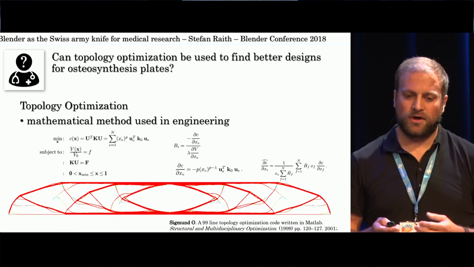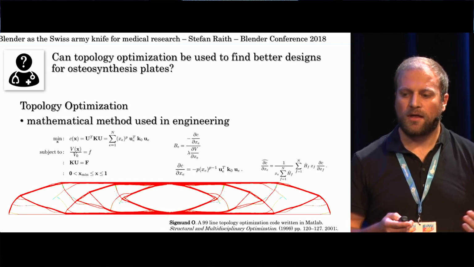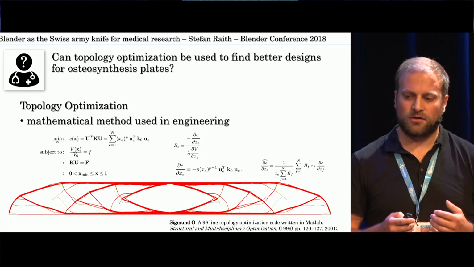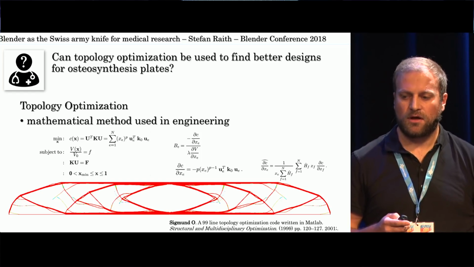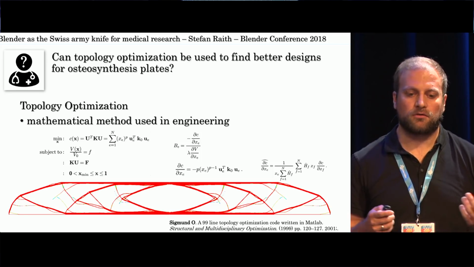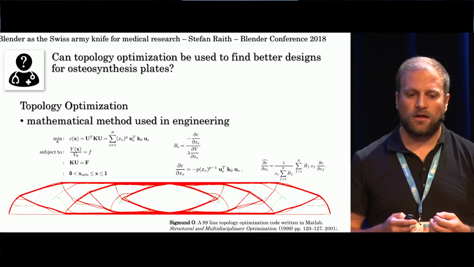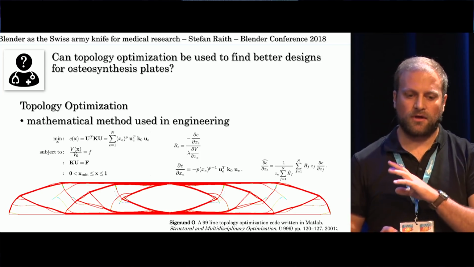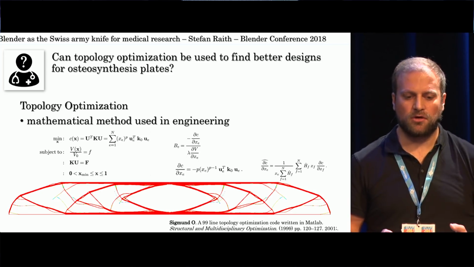So to answer this question, we use a method called Topology Optimization that comes from math and is frequently used in engineering. I don't want to go into details on the math that is behind, but I would like to show you a simple example.